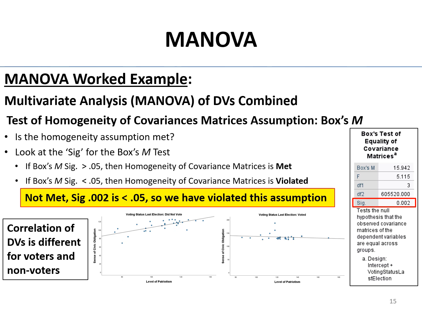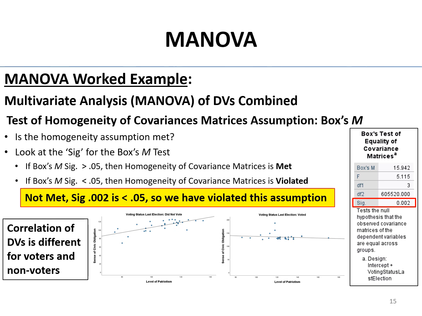On the right, you've got, not much, but if anything, a negative correlation between sense of civic obligation and patriotism among those who did vote. I had it backwards. On the left is those who did not vote. On the right is those who did vote. Those do not appear to be the same relationship, and that is probably why we violated the homogeneity of covariance matrices assumption.